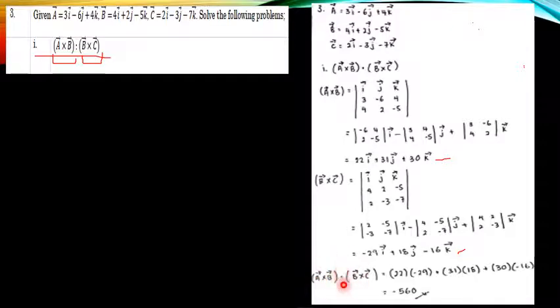After that, we do the scalar product of the two vector products, A times B and B times C. We only multiply the same components, such as the i for A times B and the i for B times C, and also for j and k. So my answer is negative 560.